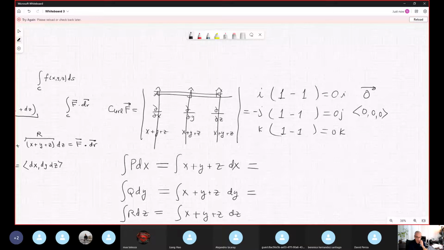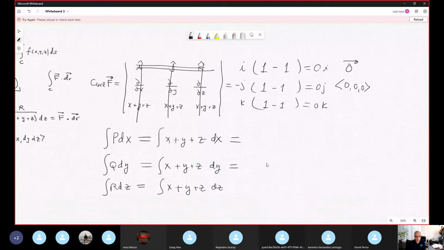The answer is, we integrate with respect to x: x squared over 2 plus xy plus xz.